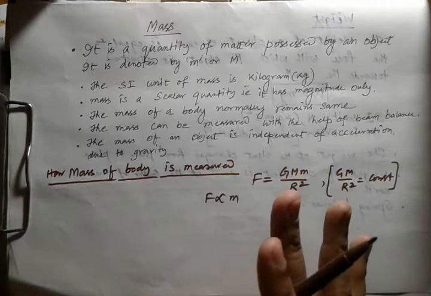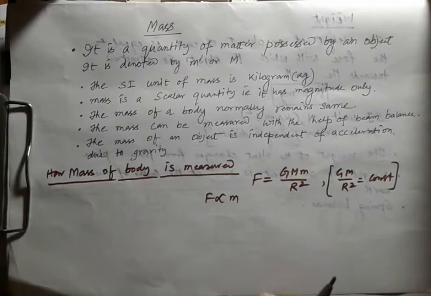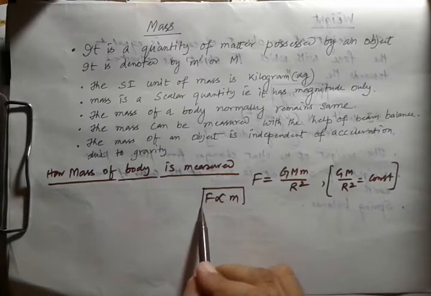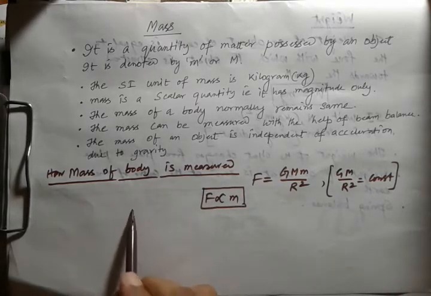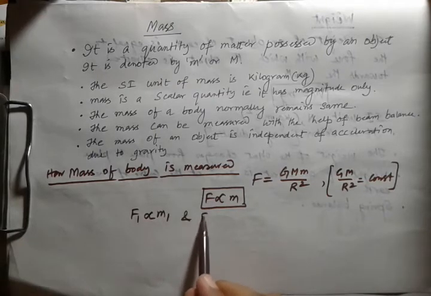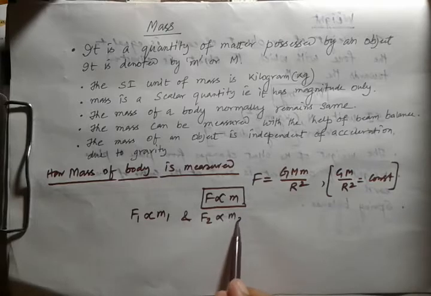Now if I take two objects of different mass, m1 and m2, from this relation we can write F1 is directly proportional to m1 and F2 is directly proportional to m2.